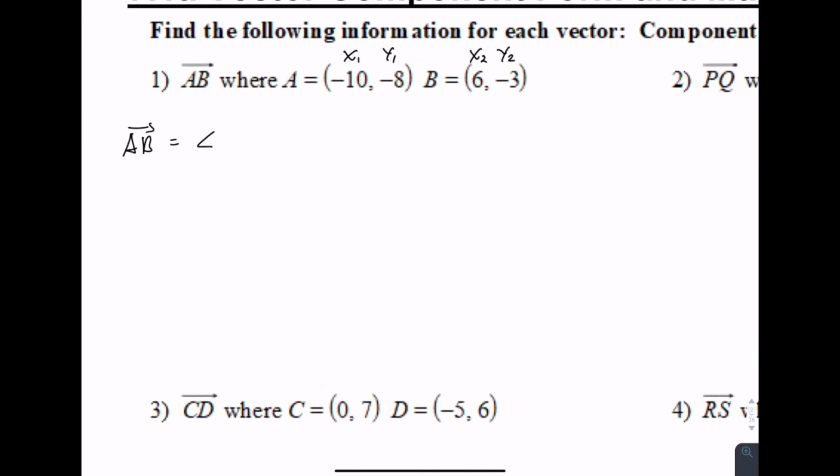All right, so it's going to be, like we said, x2 minus x1, comma, y2 minus y1, close bracket. So now let's do those components. So my x2 is right here, and my x1 is right here. So it will be 6 minus negative 10.